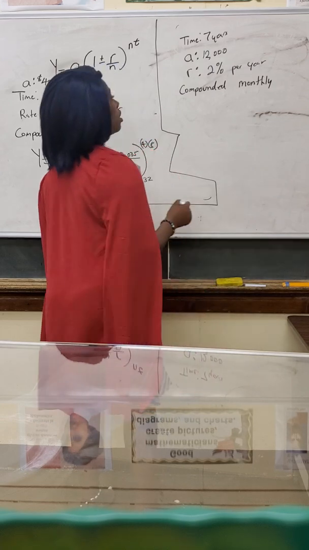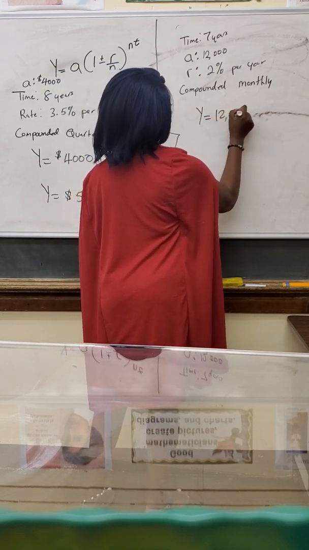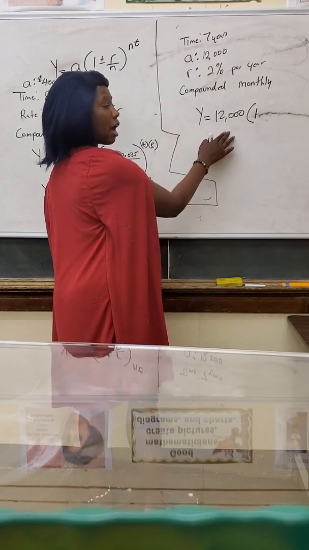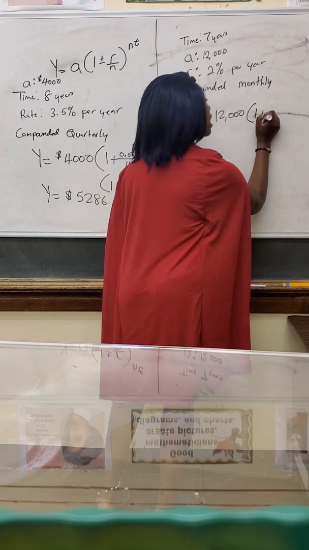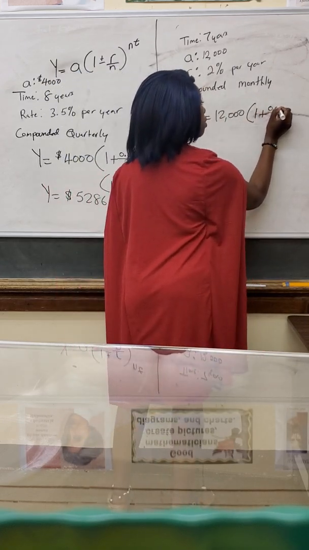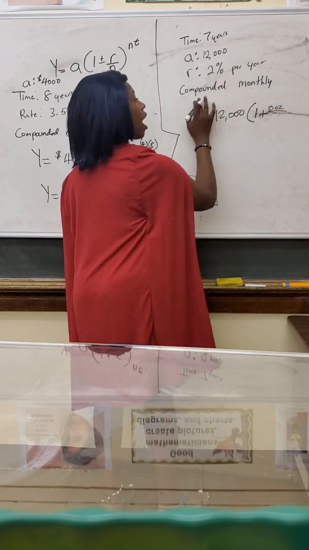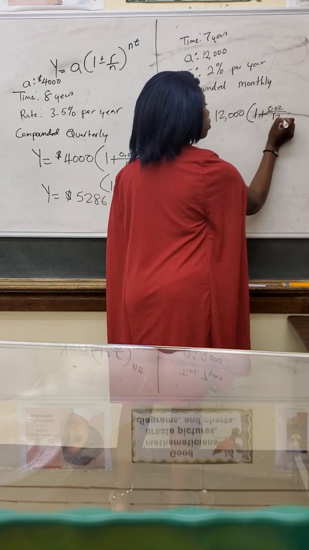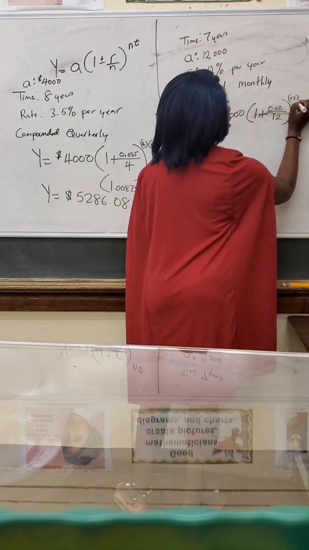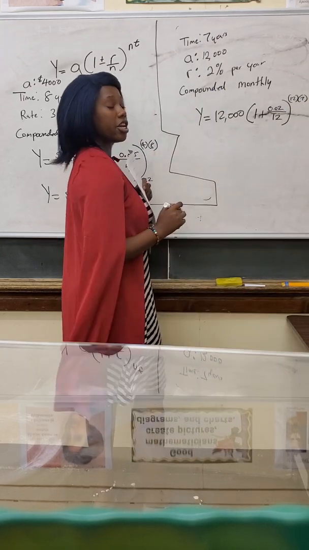Compounded monthly. So I'm like, okay, my initial value is $12,000, so I'm starting with $12,000. Now I have to put the 1 there to represent the 12,000. 12,000 times 1 plus my rate is 2%, so that's 0.02, but it's 2% for the whole year, and it's done 12 times a year, so divided by 12, raised to the power of 12 times 7, because it's done for 7 years, but 12 times a year.